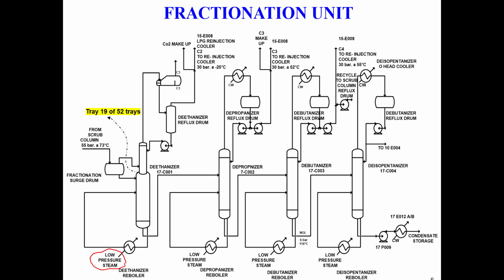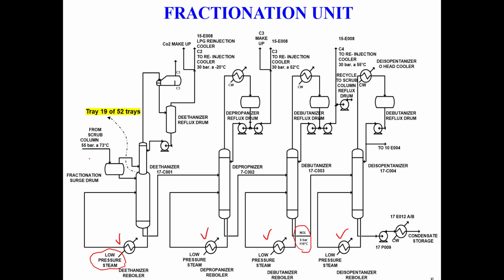In the reboiler, we need a heat source. The heat source can be burning a fuel, such as natural gas, to create the heat, or we can use hot steam as a source of heat to heat the liquid and vaporize it. So each of these units has a reboiler, as you can see. And here, for some of them, you have information about the operating conditions, but it's not very critical to know.